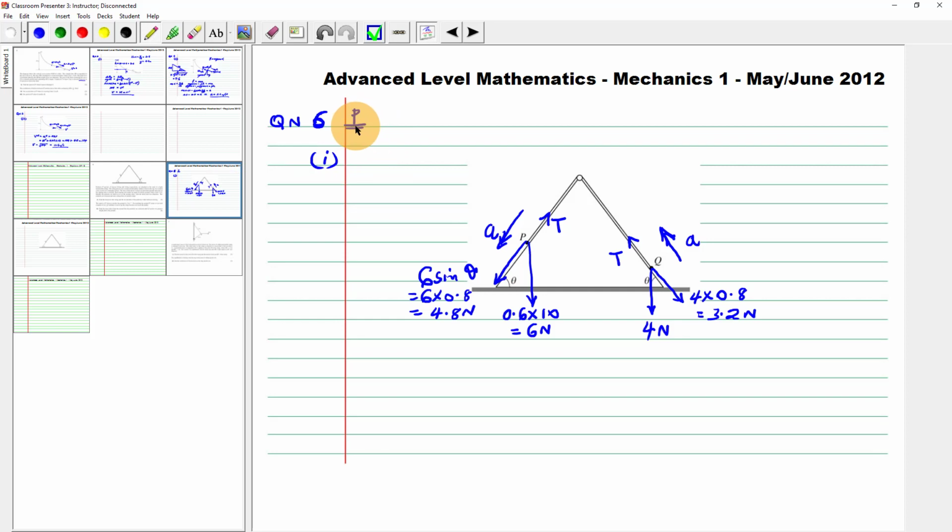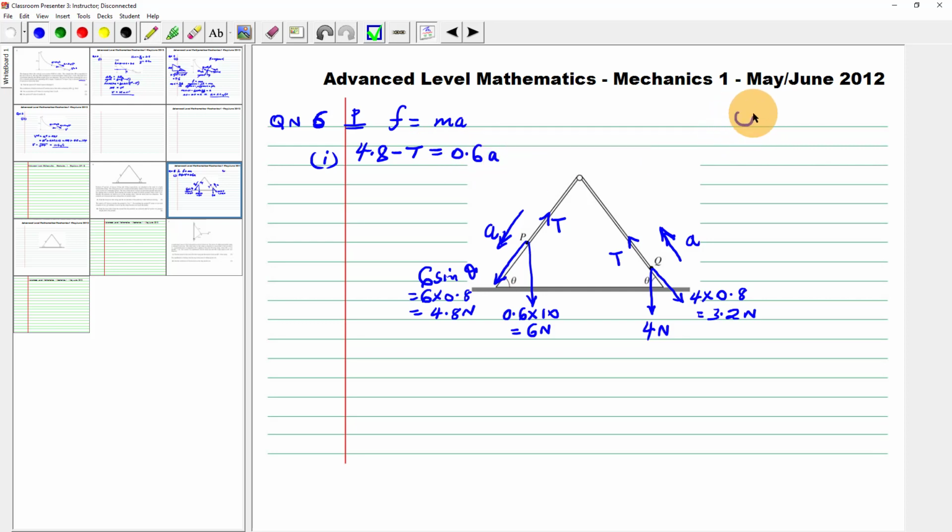Now for particle P, because it's accelerating this way, then 4.8 is greater than T. And when we resolve down the incline and use the equation F equals ma, we are going to get 4.8 minus T equals 0.6a.